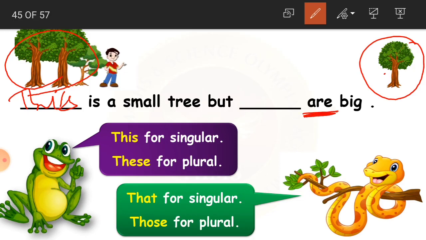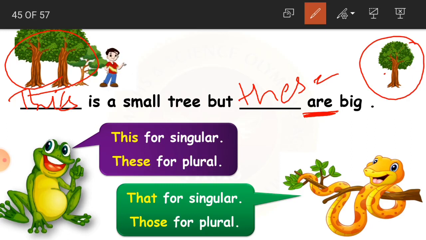See, A-R-E is there, plural. But these are big. This is a small tree, but these are big. So this we are going to use for a singular and these for plural.